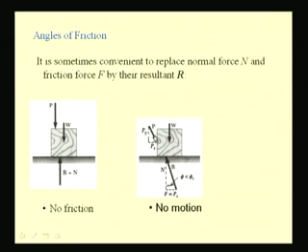Now, let us consider a horizontal force Px acting on the body, and still this force Px is less than the limiting value of the frictional force Fm. So, the body is still stationary, and for this condition a frictional force F develops which is equal to this Px in magnitude and opposite in direction of this load Px.